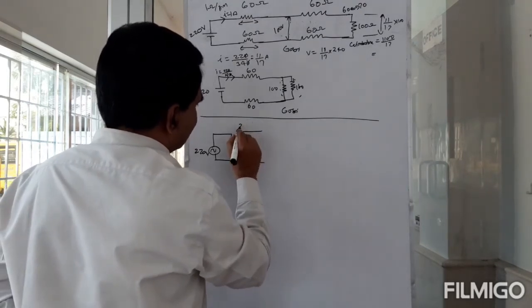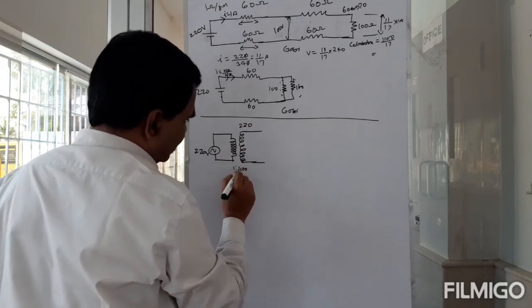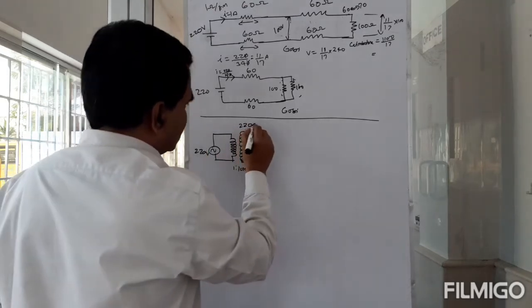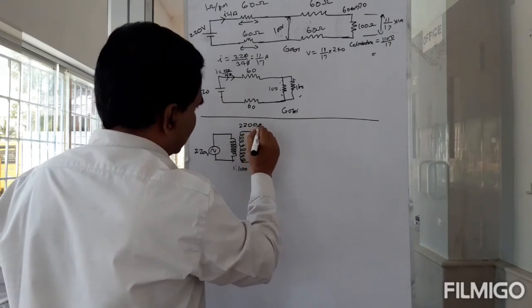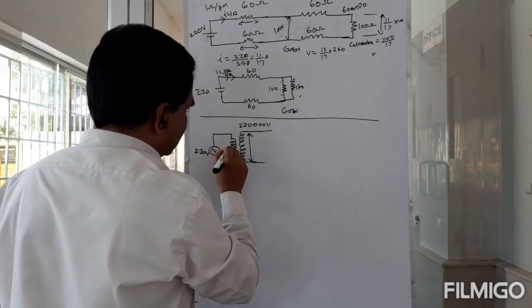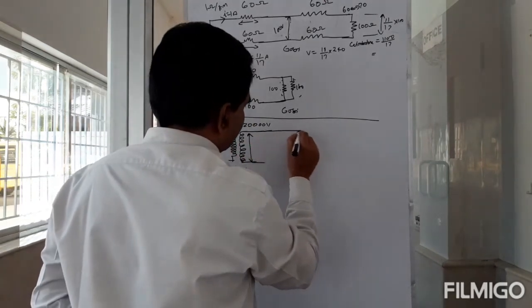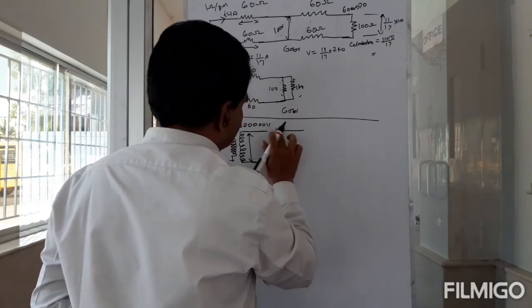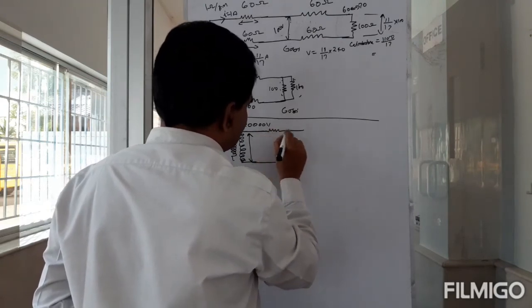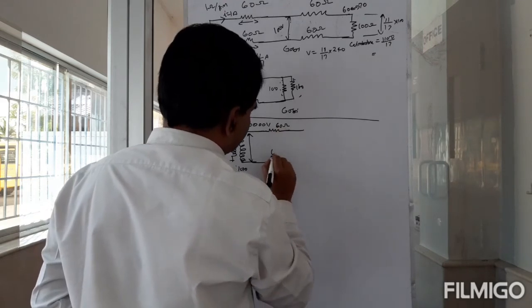Maybe I'm going to have a ratio of 1:1000. Okay, which means 220 kV or 220,000 volts. That is the voltage available here. So I supply 220 volts here, I get 220,000 volts here. Okay, so now I transmit. Now I have the same 60 ohms here, and I have the same 60 ohms here.